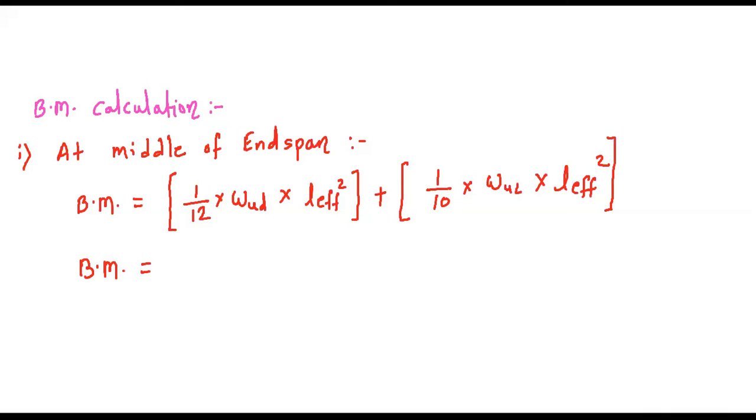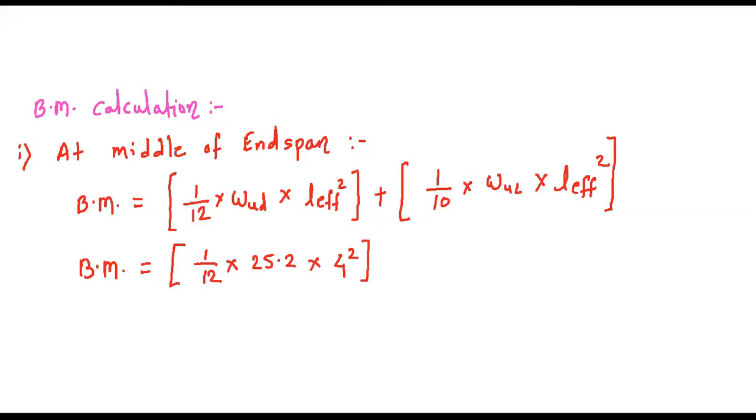If I put the values here, it is 1 by 12 into the dead load, which was 25.2, into L effective square. The end span is 4, so 4 square.